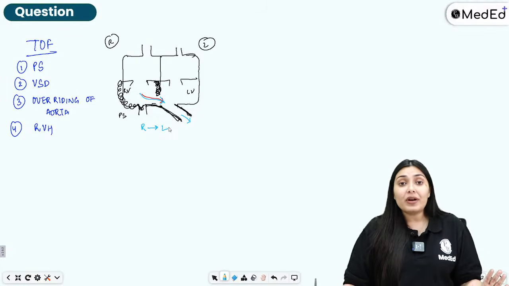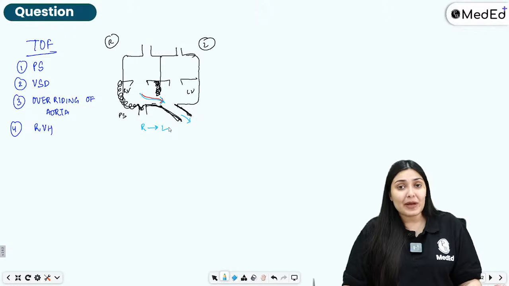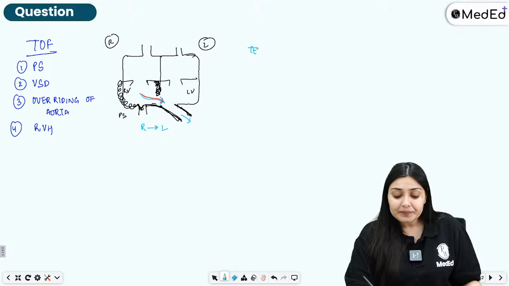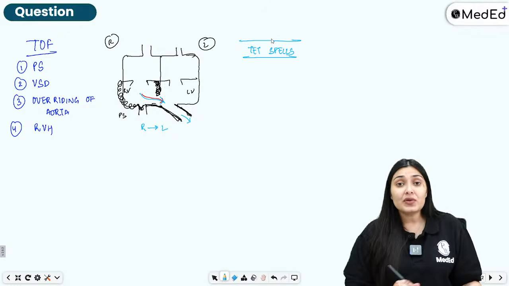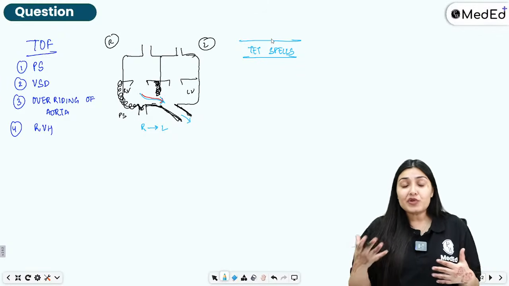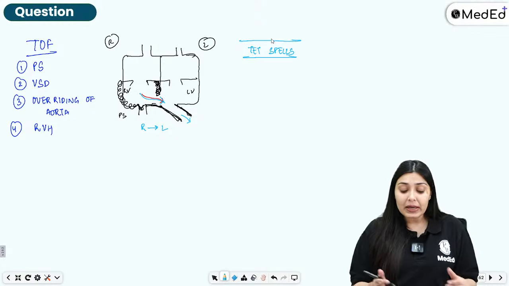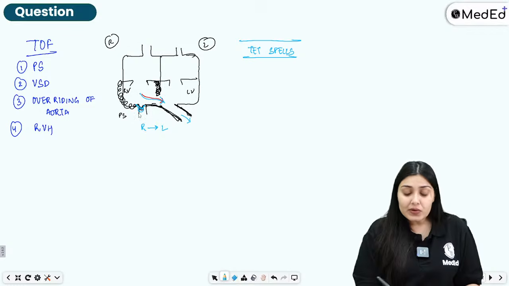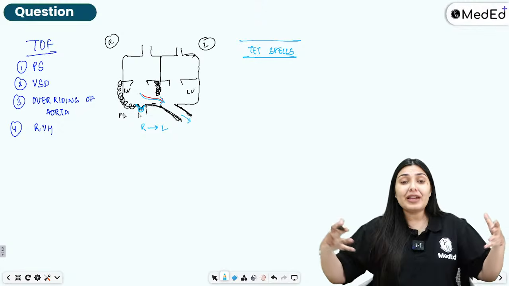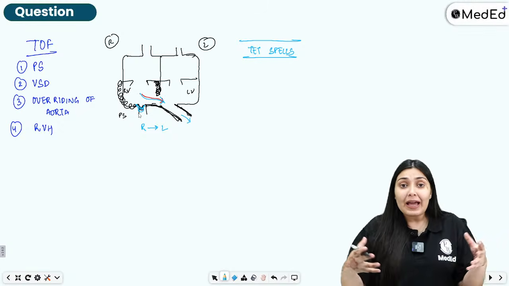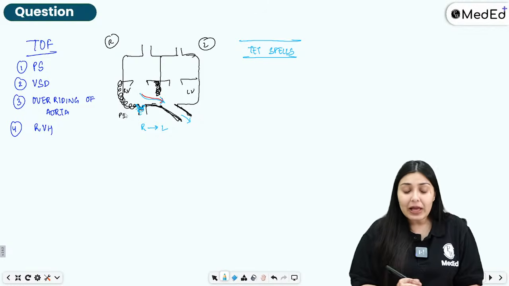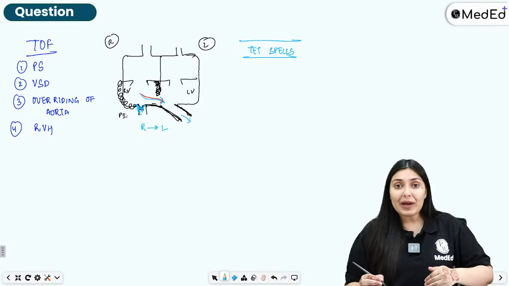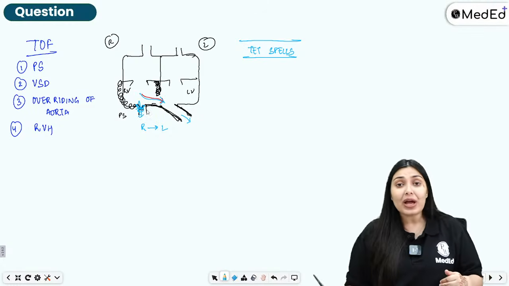What is important here to understand is TET spells. What happens in TET spells? Under a stressful situation, hypoxia, the pulmonary stenosis will further worsen. There will be infundibular spasm, and because of this the blood won't go into my lungs through the pulmonary channel.